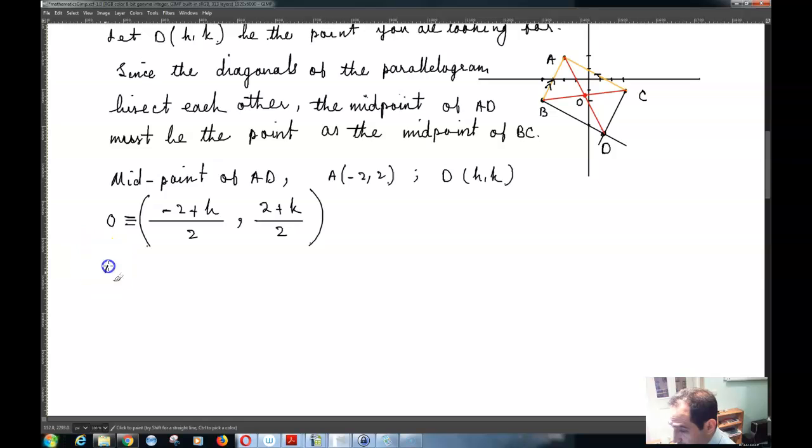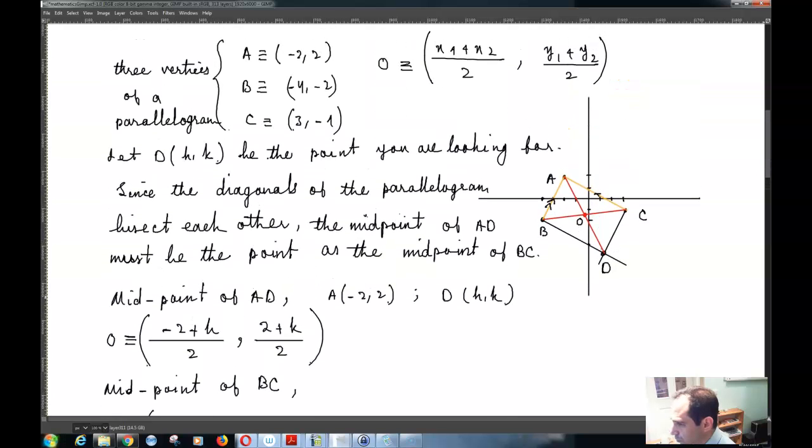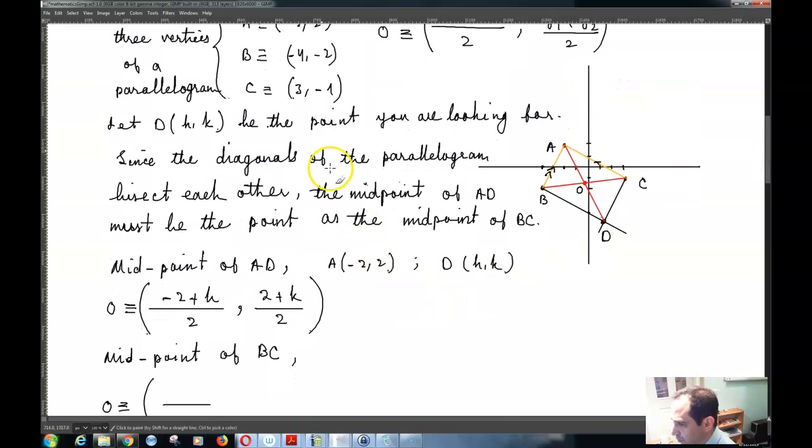Now if you want to calculate the midpoint of BC, which would be the same point O, the point B is negative 4 comma negative 2, and the point C is 3 comma negative 1.